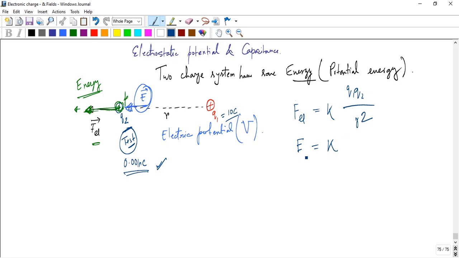So the electric field E equals K Q1 by R square, which means the electric field is independent of the test charge.